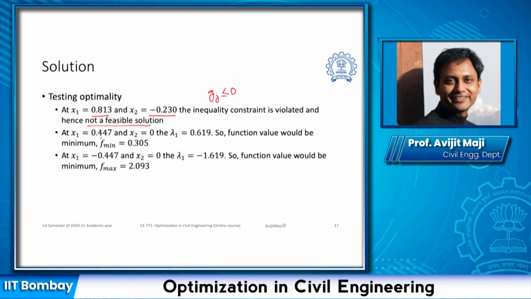The second point, which is 0.447 and 0, in that case we find my lambda value is going to be positive, and if it is positive, we know that the function value is expected to be minimum and the point is representing the minimum point.